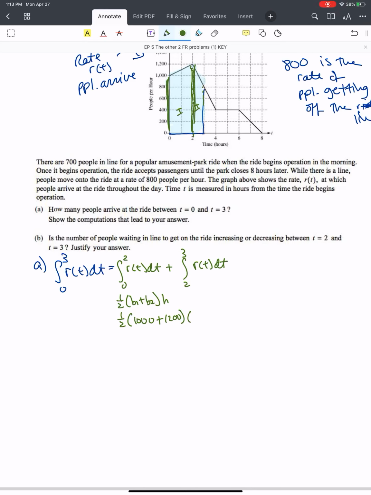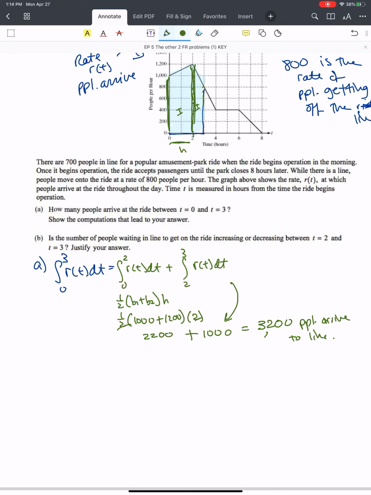Times delta, the height is this way. So then that's 2. Okay, so these cancel out, and you get 2,200 there. Plus, when I do that one, that becomes 1,000. So however you did it, it doesn't really matter. They just want to see that you have this as far as people arrive to the line. Okay?